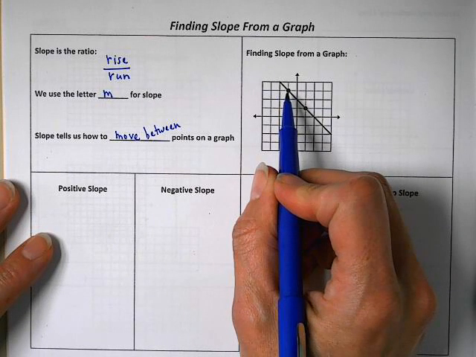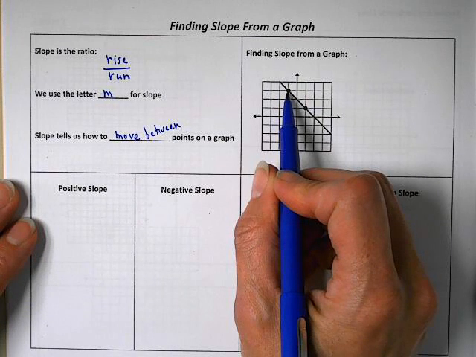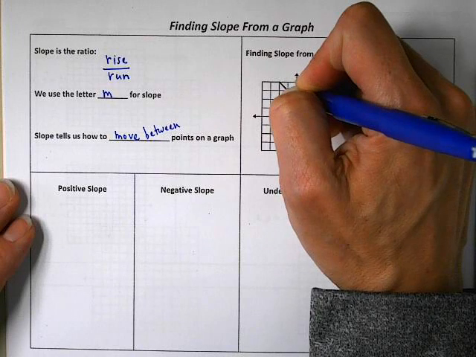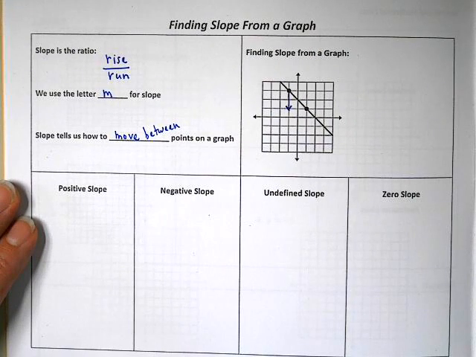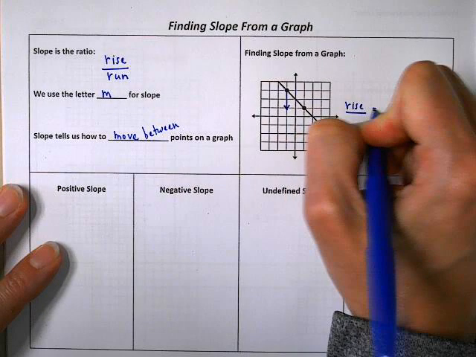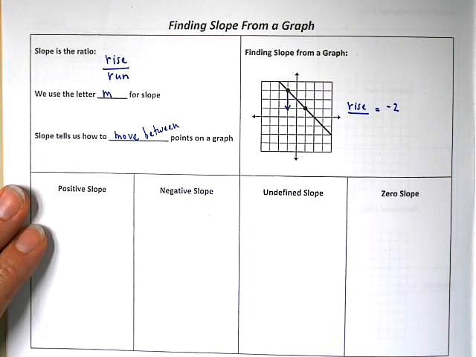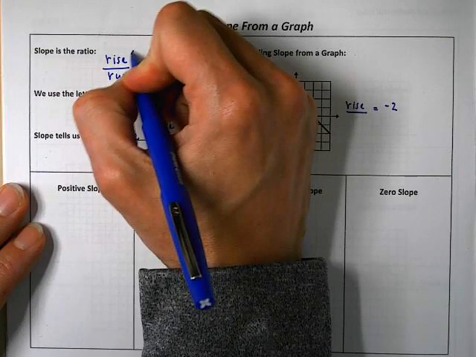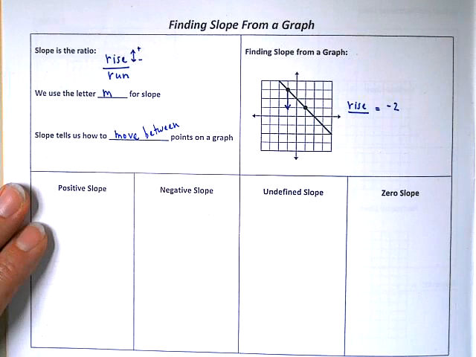So the first thing I have to figure out is my rise. That's going to be the numerator of my slope fraction. Now in this case, I actually have to go down 2 spaces to get to the next point. So my rise is going to be -2 because I'm moving down. My rise tells me how far up or down: up is a positive, down is a negative.